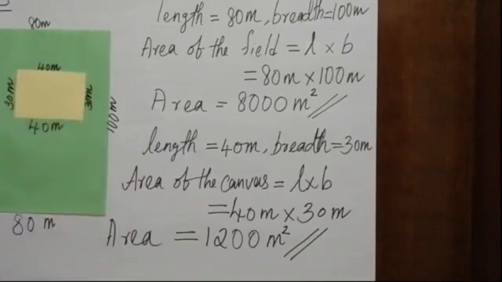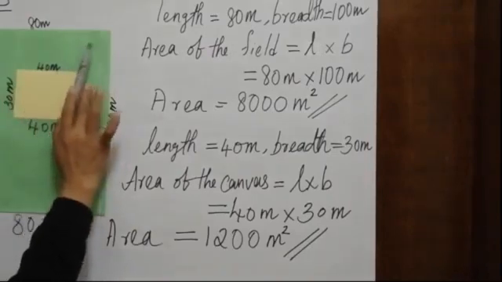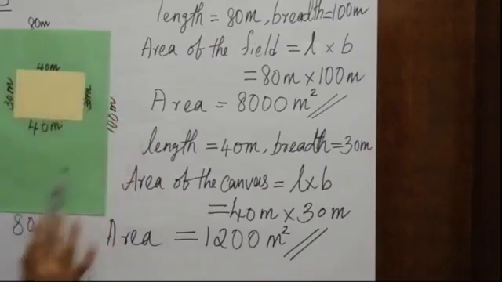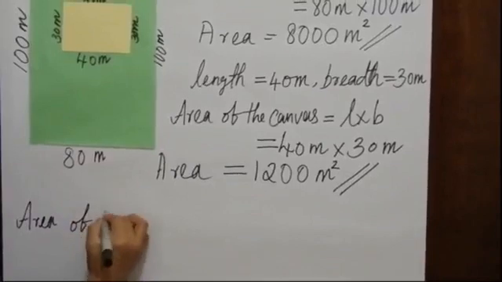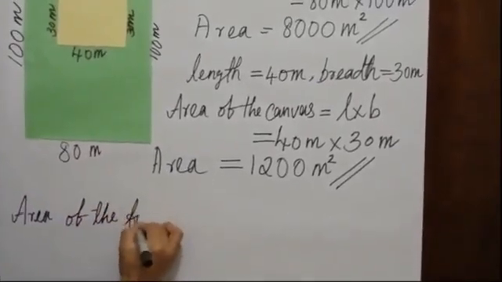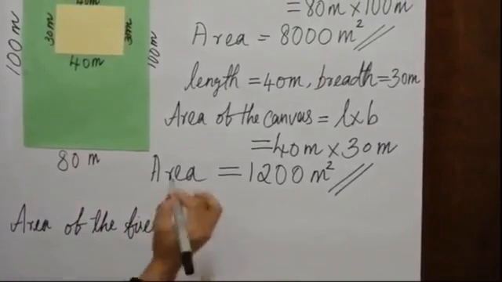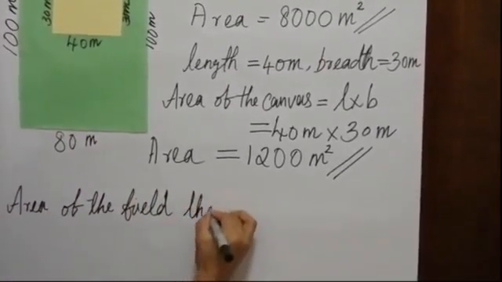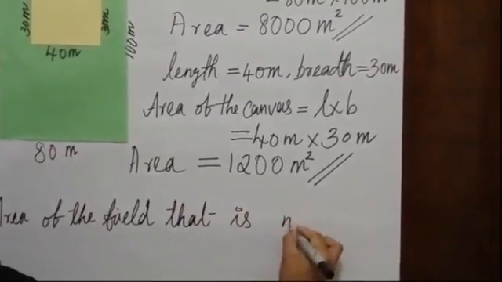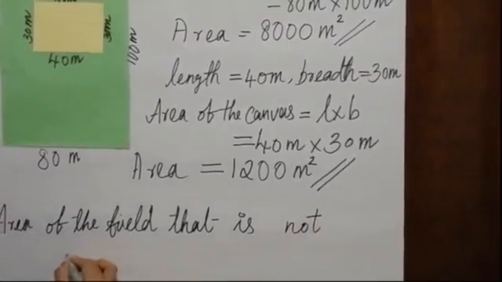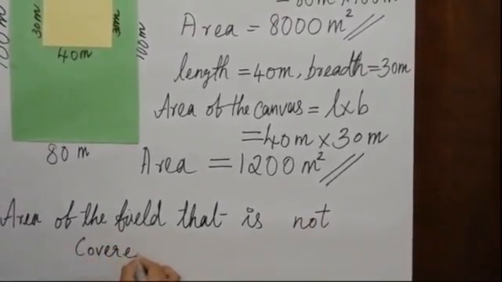Now the question is, you have to find the area of the field that is not covered by the canvas. Not covered by the canvas means all the part whatever you can see in green color. So you have to write area of the field that is not covered.